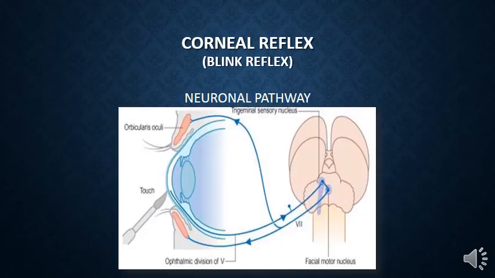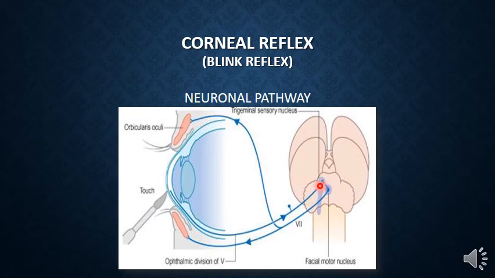The neuronal pathway of corneal reflex or conjunctival reflex starts from the point of stimulation. For example, in this case, there is stimulation of the cornea with a light object, for example cotton wisp, and the impulses travel through the ophthalmic division of trigeminal nerve, and these impulses reach sensory nucleus of trigeminal nerve.